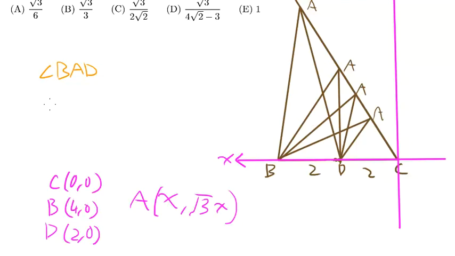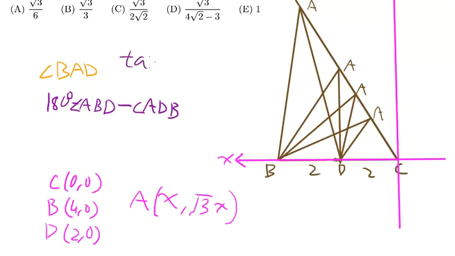So tan BAD, we know BAD is equal to 180 degrees minus ABD minus ACB.